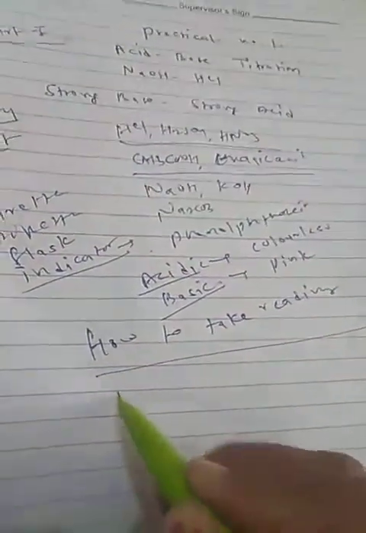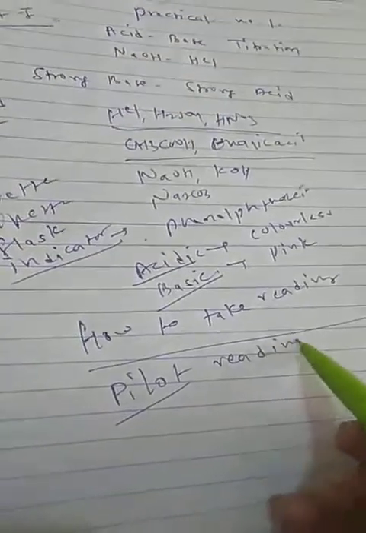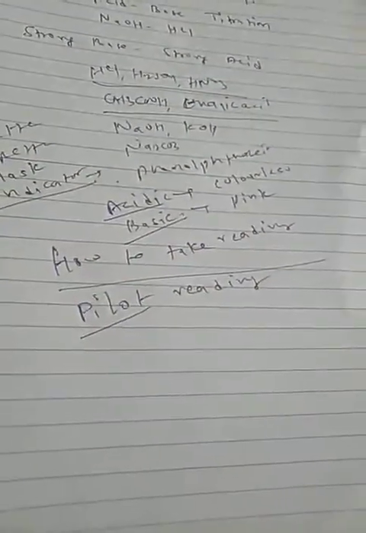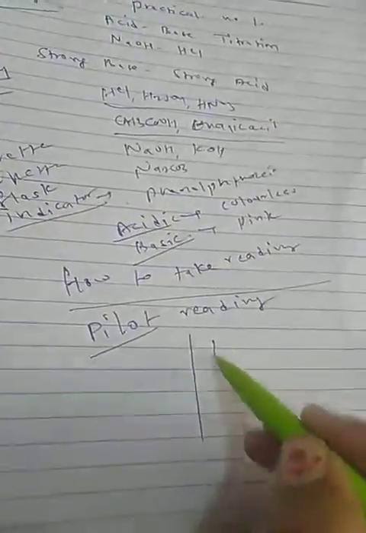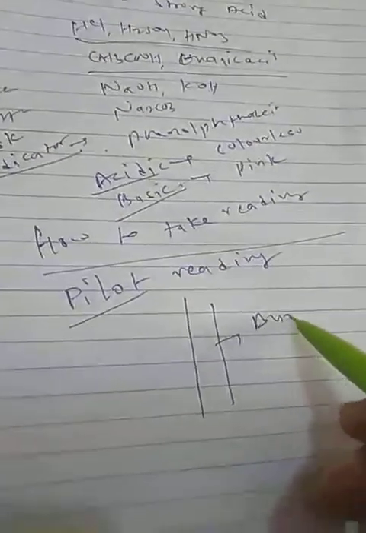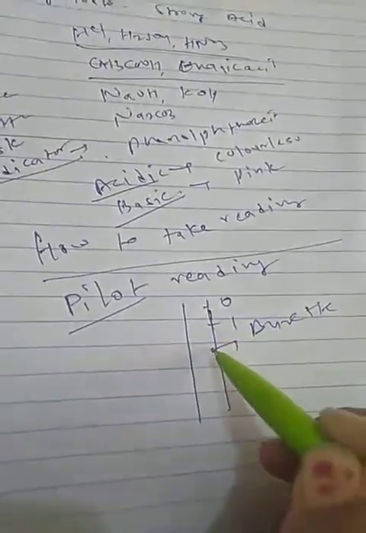I taught you the first method, how to take the rough reading. The rough reading is the method where you can take a rough reading. Okay, see, the burette is calibrated from 0 to 1 to 2.